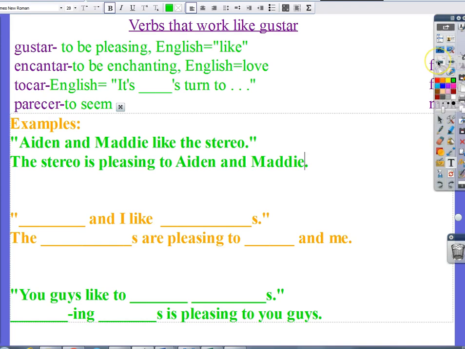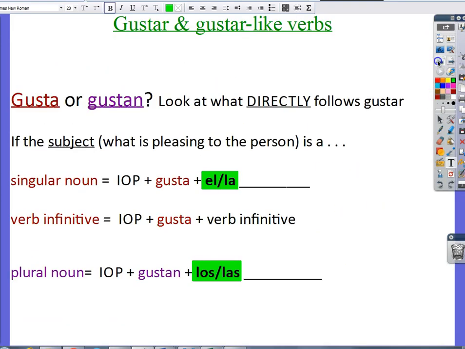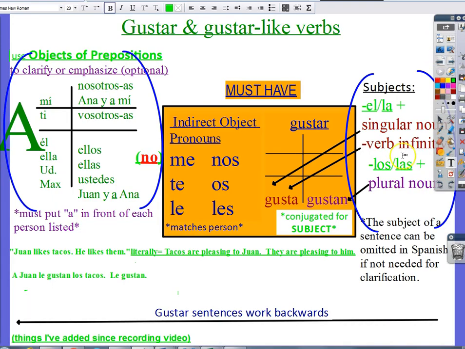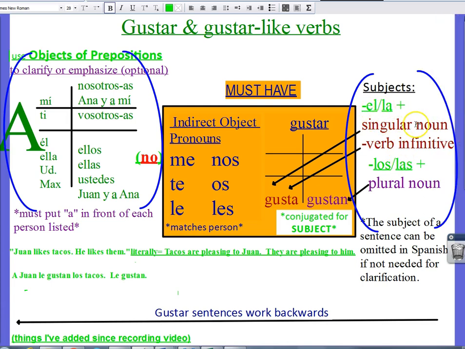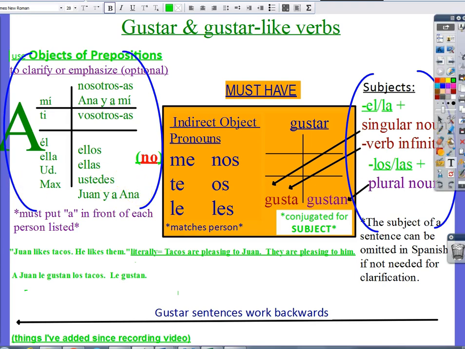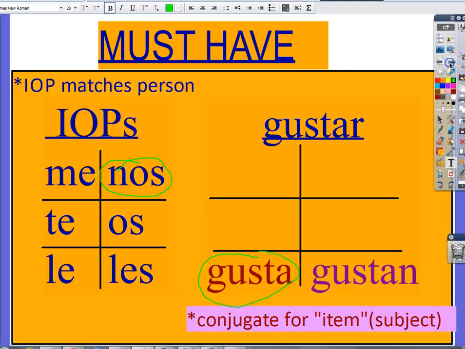Go to your notes and you will say the stereo, so that will go all the way to the right, is pleasing, it is pleasing. If it's pleasing to Aiden and Maddie, it would be pleasing to them, so you need les. And that's a lovely sentence, but we need clarification, so you would say Aiden, Maddie. And put it all together and you will have your sentence.